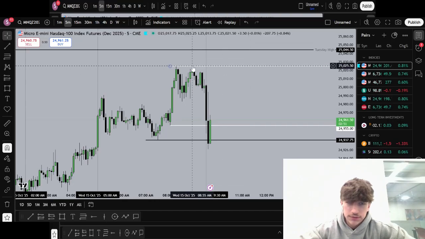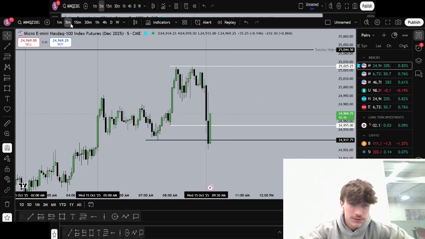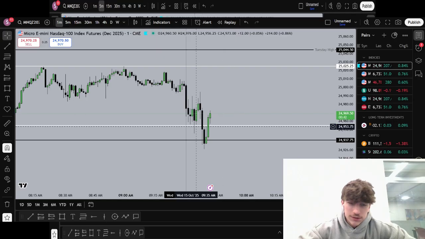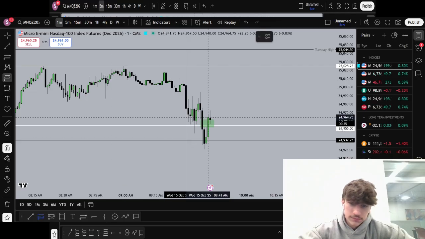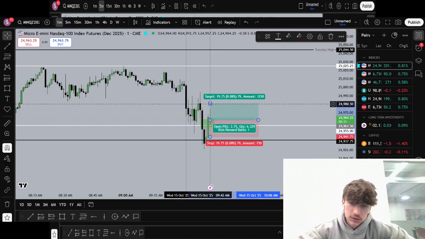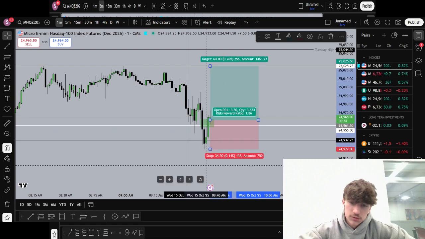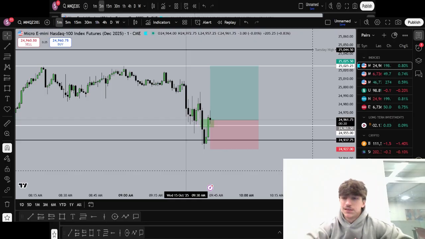Plus, we got these relative equal highs. This is just looking beautiful. We could take longs off of this. Look, this isn't even our model. This right here isn't even our model. Could do it.